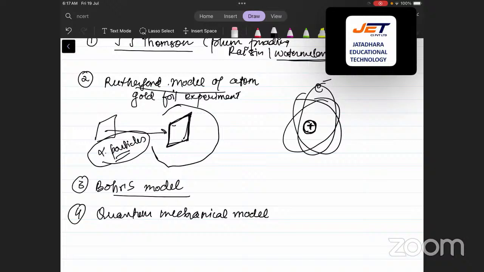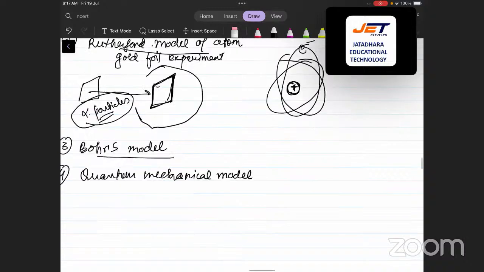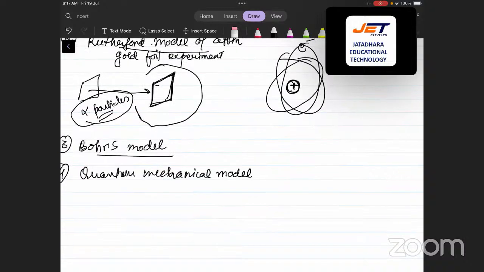So he took the Rutherford model and studied it. He studied all the experiments that were done by other scientists, and what were the conclusions given by them. So yes, his model obviously looked similar to Rutherford's, but he made significant changes to the Rutherford model.